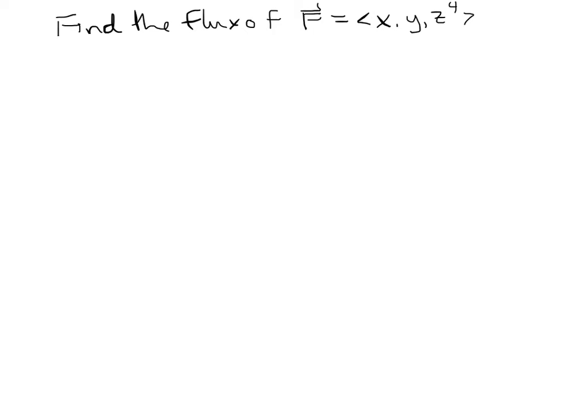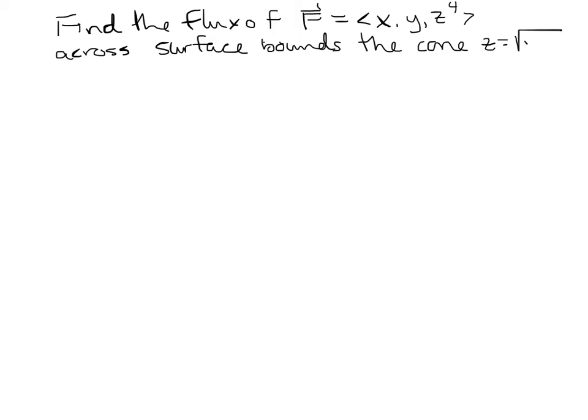And so we're going to find the flux of that vector field across the surface that bounds the cone z equals the square root of x squared plus y squared beneath z equals 1, oriented inwards.